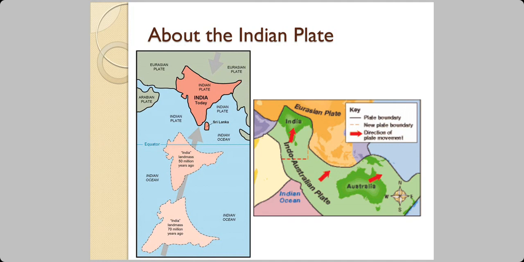At the same time, the Australian plate moved towards the east and reached where it is now. So the landmass of Australia reached to the east, and the Indian landmass collided with the Eurasian plate, that is the plate which is holding Europe and Asia.